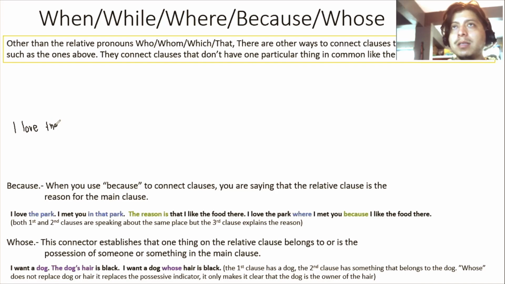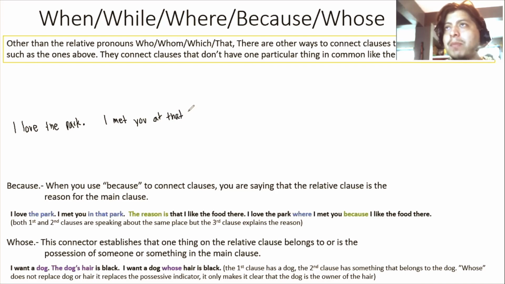This is the same sentence as before. I love the park, period. This is one simple sentence. Then we have, I met you at the park. Well, not at the park, at that park, the same park.